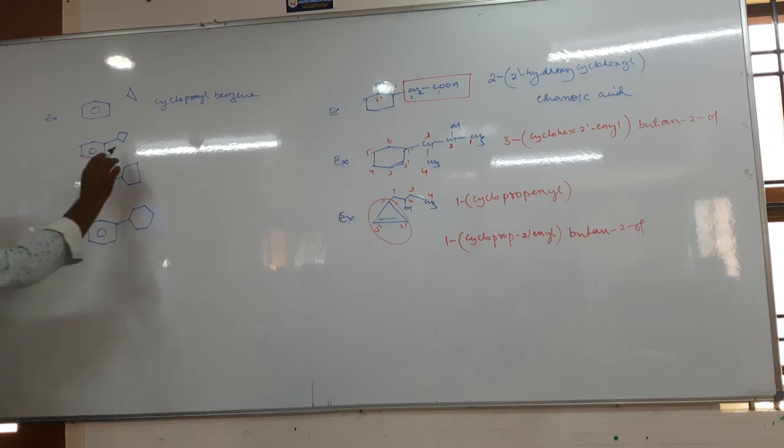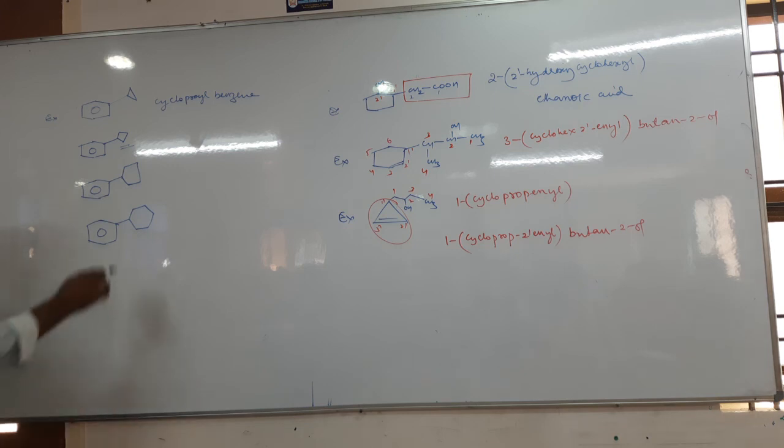So it is cyclobutyl benzene, cyclopentyl benzene, cyclohexyl benzene. Next, last rule.